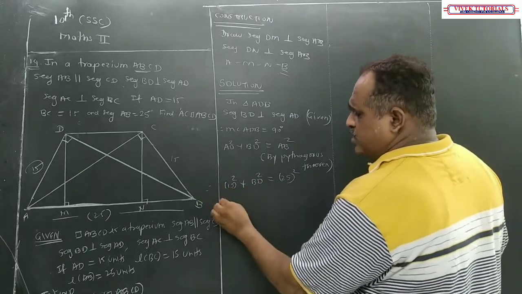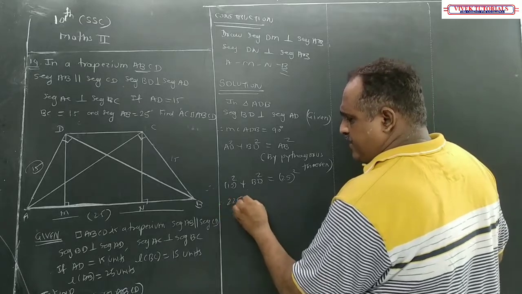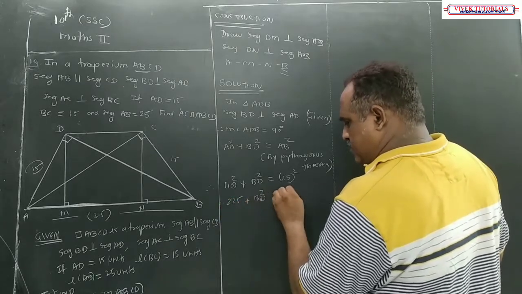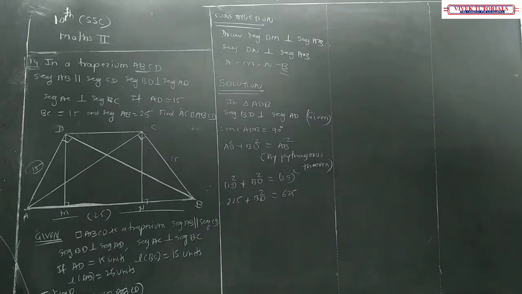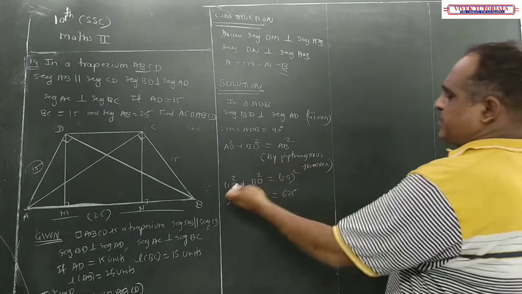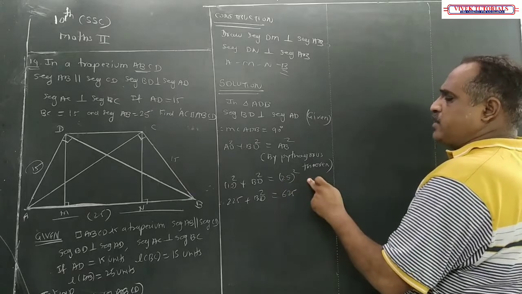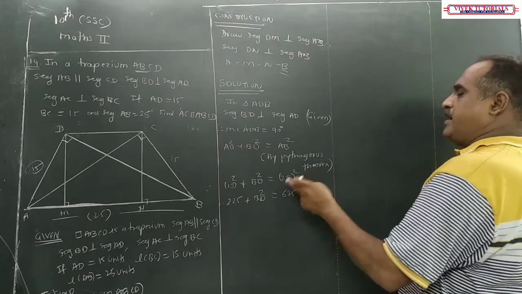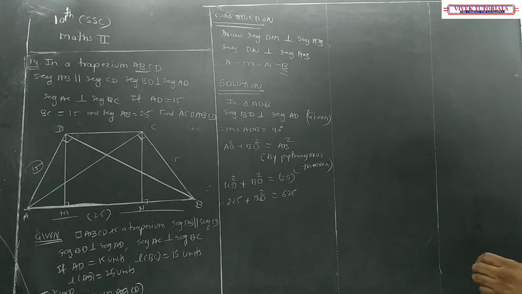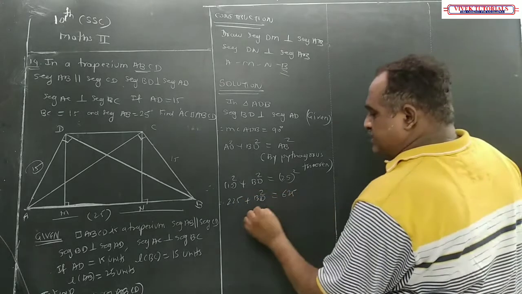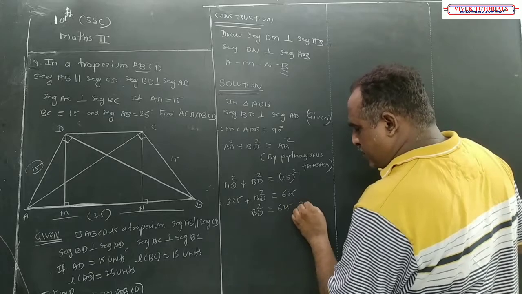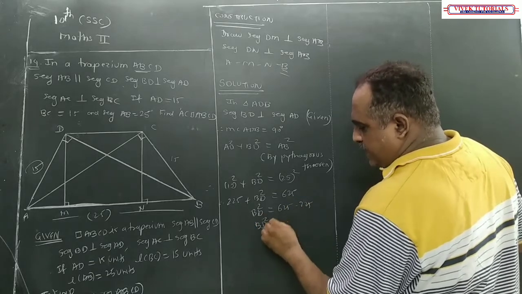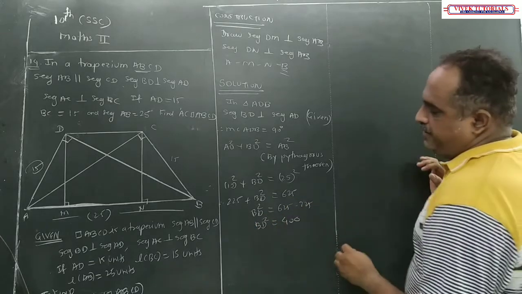If you know the values, this is 225 plus BD square is equal to 625. I know the value, so we can put it directly. Otherwise, I could have transferred it to the other side, 25 square minus 15 square, that is 25 plus 15, 25 minus 15. That is also one of the ways. But it's okay. So BD square is equal to 625 minus 225, BD square is equal to 400.